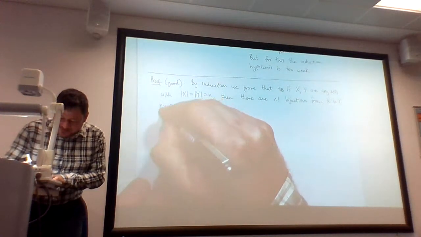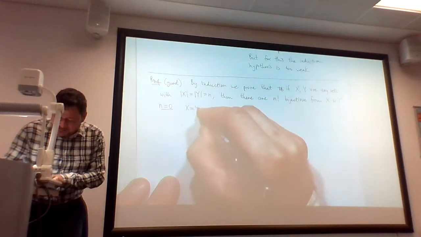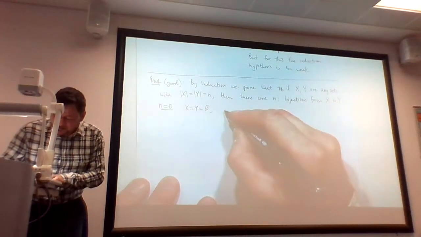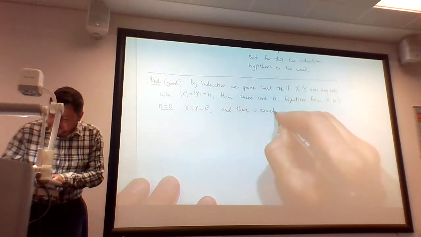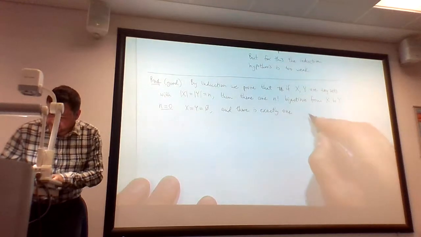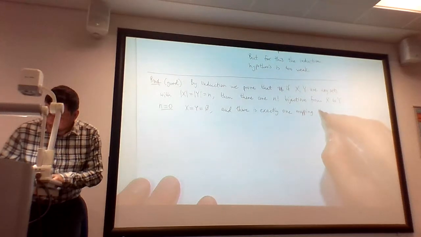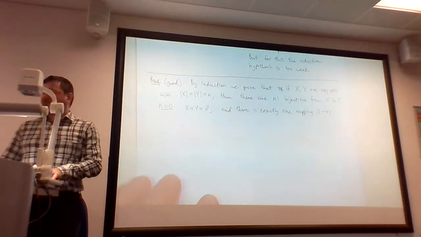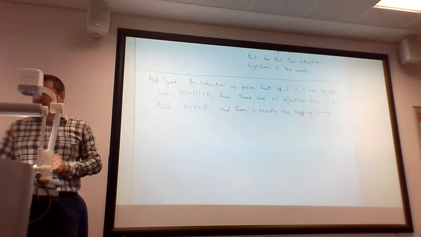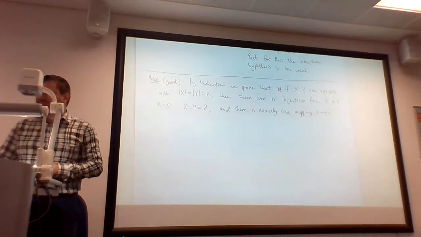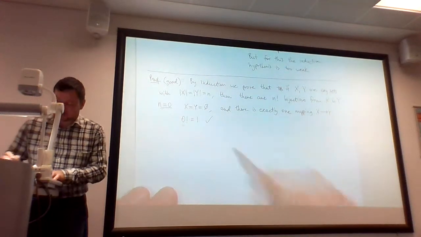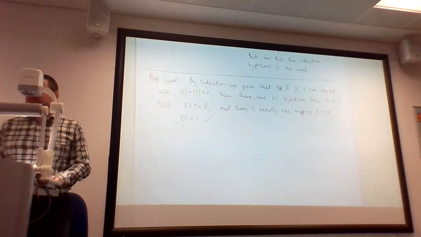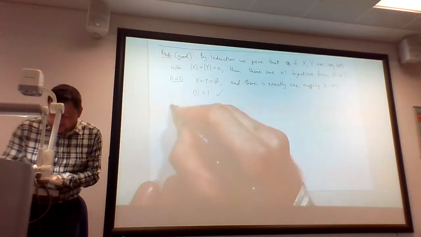So I'll start with n equals 0, x and y are empty, and there is exactly 1, which is the empty mapping. And 0 factorial is 1, so everything is good. So the step.